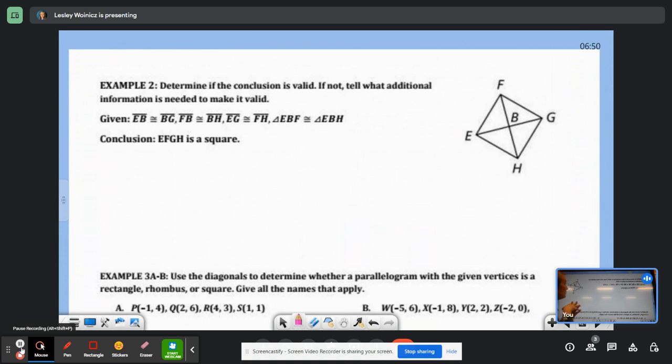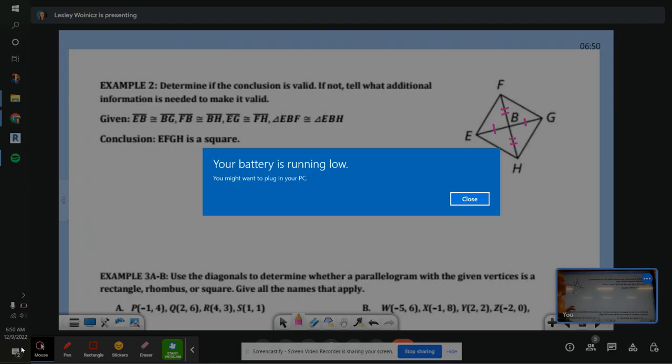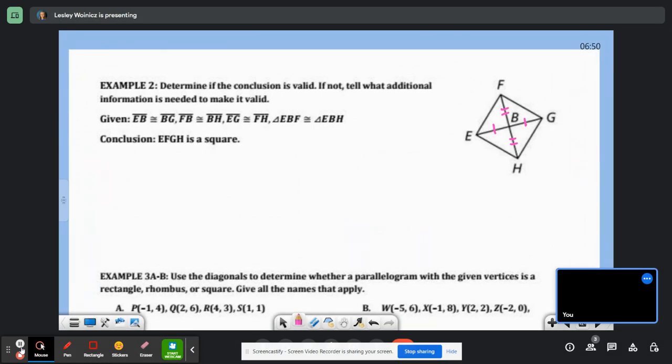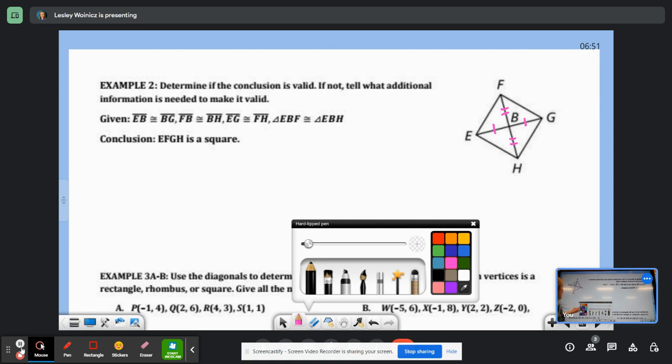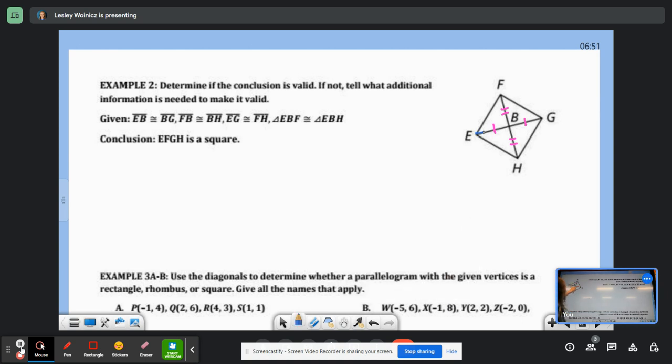So given that EB is congruent to BG and FB is congruent to BH, the conclusion is that triangle EBF is congruent to triangle EBH.